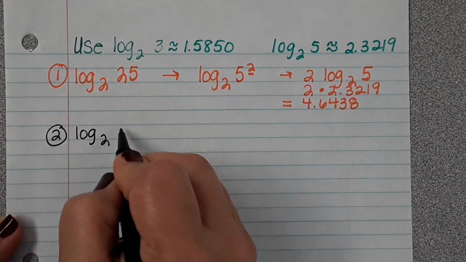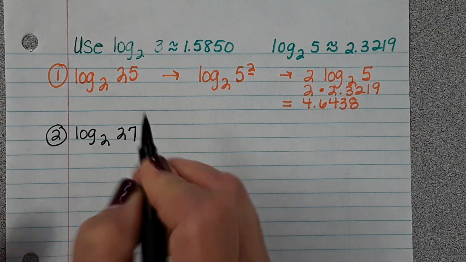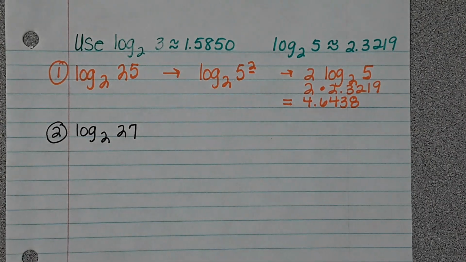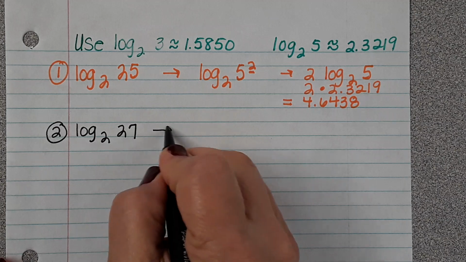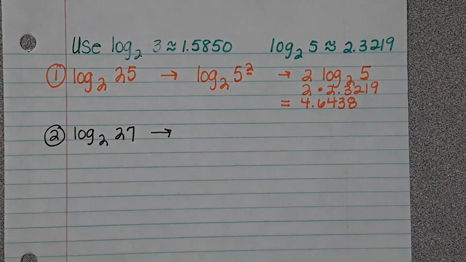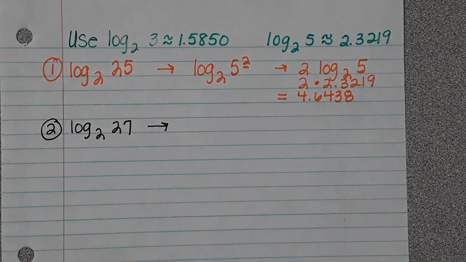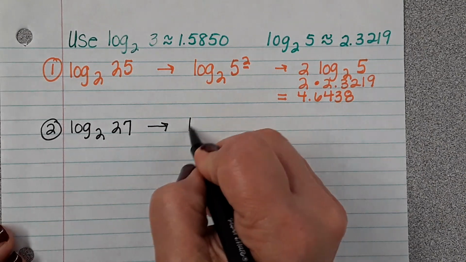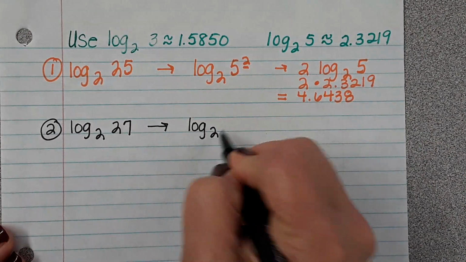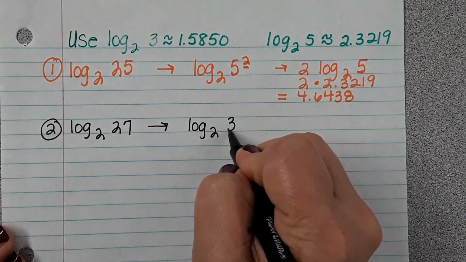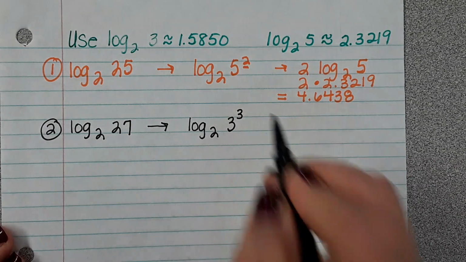I would like to see if you can start this one, because I want to make sure that you guys can start it. So let's see if you guys can tell me how I should do this. Do log and then 3 to the third.